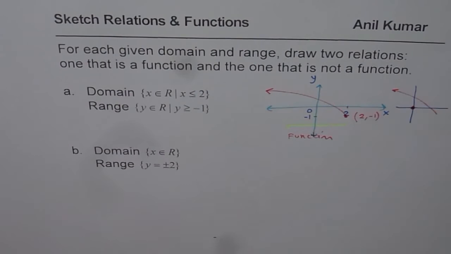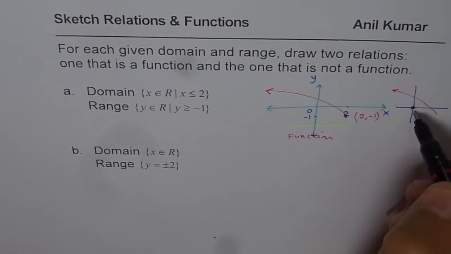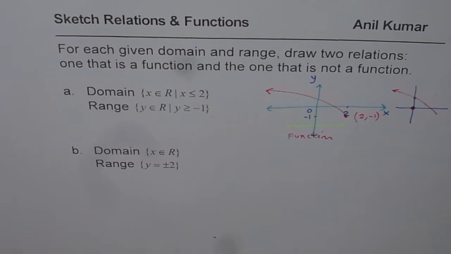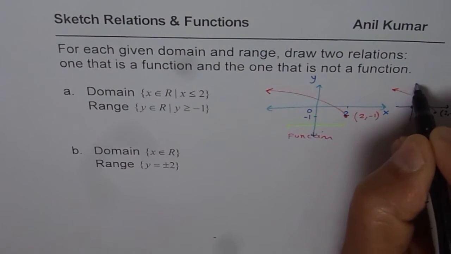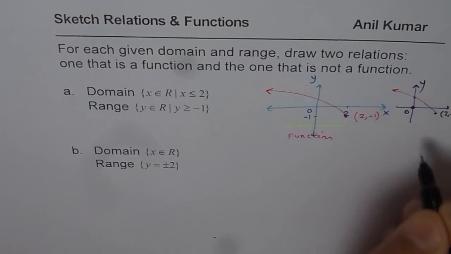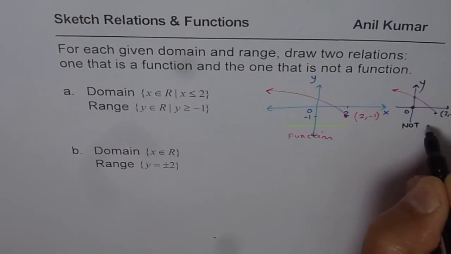Let's say I include origin. In that case, for x equals 0, we have two values, and therefore this relation is not a function. You get the point, right? So that is how you should do. So this point again is 2, minus 1. That is x-axis, this is y-axis, and at origin we have two values, so this is not a function.